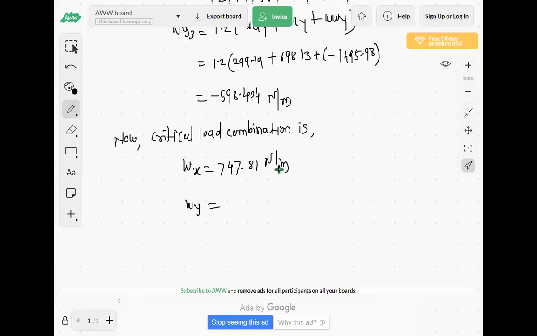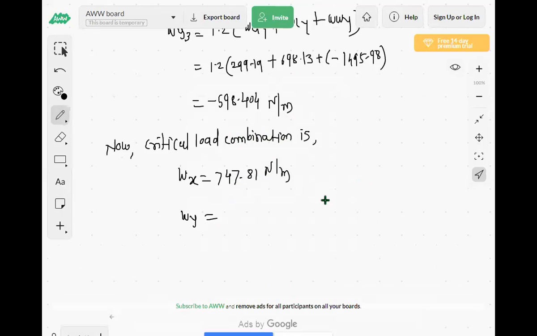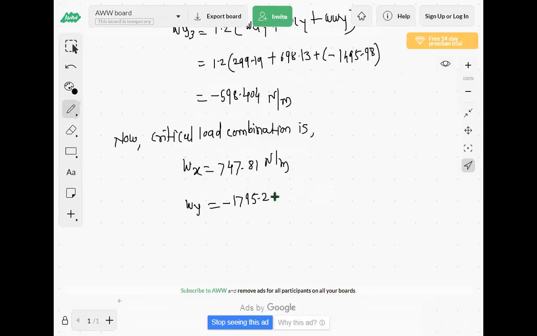It may be negative or positive. Don't consider sign, only tell me the maximum value. 1795.2 Newton per meter. So the X and Y critical loads are 747.81 and 1795.2.